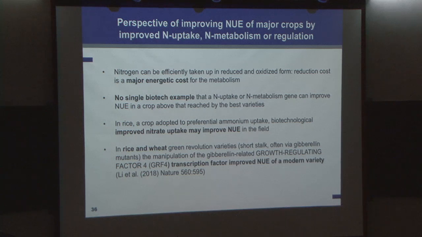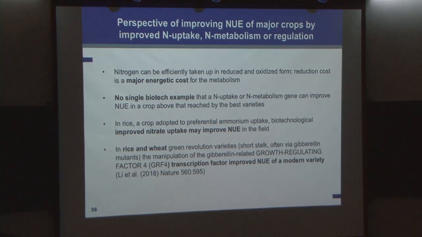However, when such plants are tested in the field, there's no example, no transgenic plant, in which a single nitrogen metabolism-related gene has been changed, that these plants are really better than the best varieties selected by the breeders.